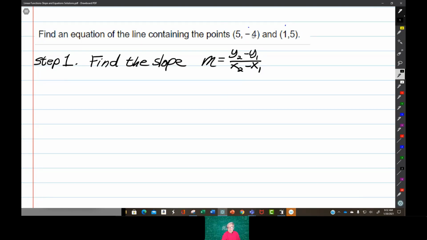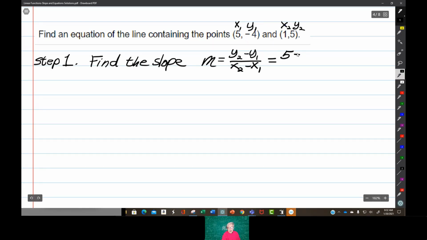Now, I always let the point on the left, it's just a habit, be x1, y1, and the point on the right be x2, y2.